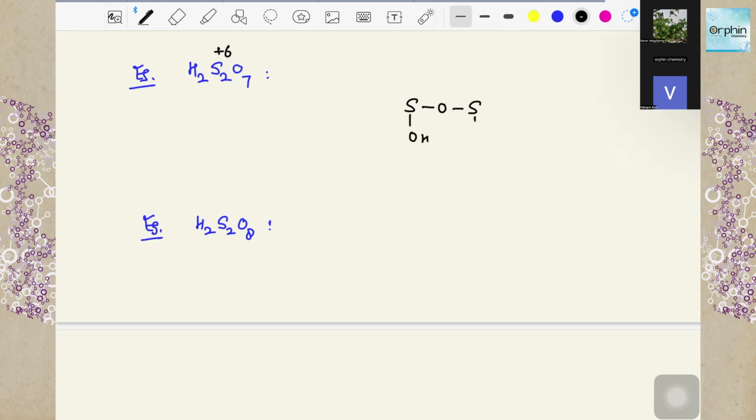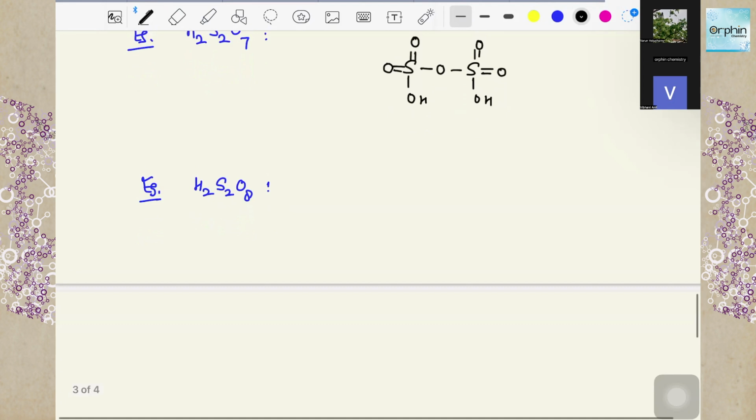So 1 OH, 1 OH. Now 4 oxygens are still there. So double bond O, double bond O, double bond O, double bond O. Right. So this will be the structure. Did you make the same structure, Afik? Yes, sir. Very good.